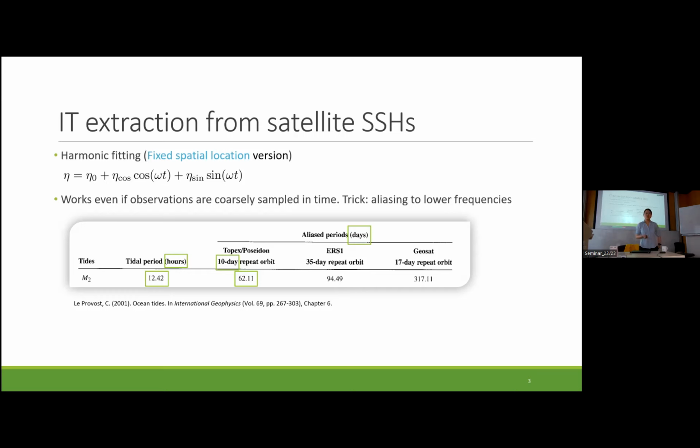And then you just alias this period into a much longer period, which turns out in this case to be 62 hours. So when people analyze the M2 tide from the TOPEX/Poseidon satellite campaign, they are basically fitting this harmonic series over the omega that corresponds to 2 pi over 62 hours.